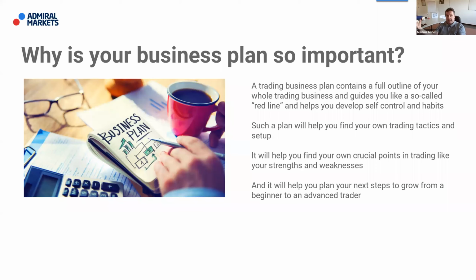That's the point. And the cause is always smaller than the reaction. So not having a business plan is a small thing, but losing $50,000, that's the big result. That's the big reaction. So we have to figure out the deeper causes of trading, and having a business plan is one of the deeper causes.